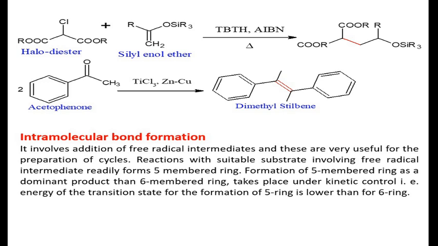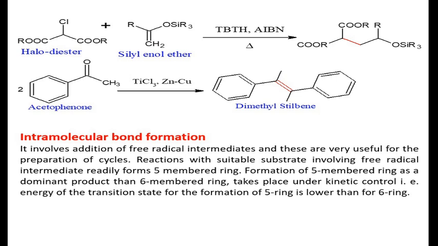Its formation takes place under kinetic control. That is, the energy required for formation of the 5-membered ring is lower than for the 6-membered ring. Note this point. There is a comparison of transition states.